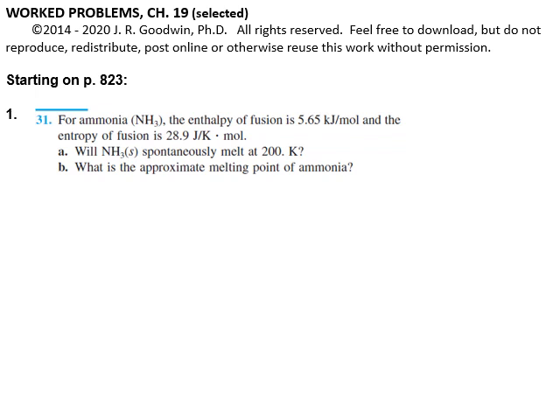And then for part B, what is the approximate melting point of ammonia? The way you would do that would be to use, again, the same formula. So you'd be using delta G equals delta H minus T delta S, where you'll leave the T as a variable, or if you want, you can replace the T with an X if that makes it easier. And then for delta G, remember that when you're at the melting point, as we said in the lecture notes, that means that you're at an equilibrium point.